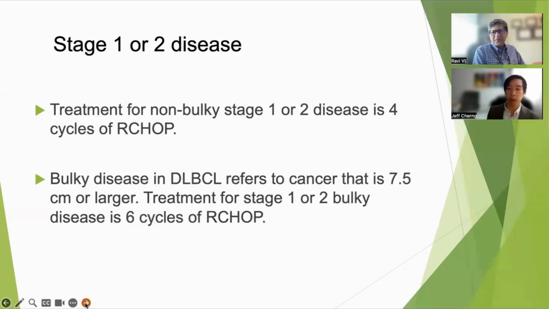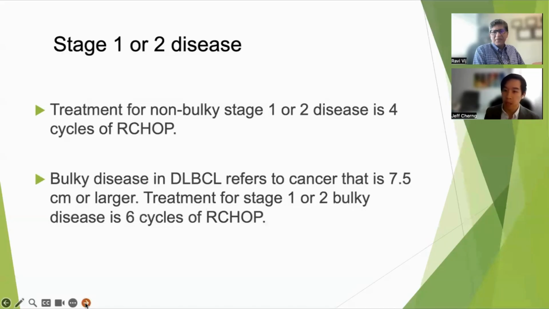And they randomized patients to either 4 or 6 cycles of R-CHOP versus 4 cycles of R-CHOP followed by 2 cycles of rituximab alone. And they found that patients with a de-escalated course of treatment had non-inferior outcomes and, as expected, decreased toxicity. And so this is now the standard approach for our low-risk patients with early-stage disease.